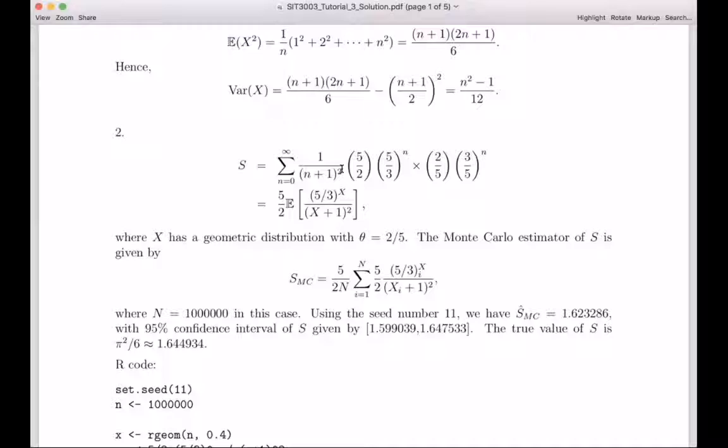Now you have to express that sum in terms of some kind of expectation, okay? So the trick here is you introduce the geometric density here. So these are the densities from the geometric distribution, right? So this is the density and you cancel them off. You introduce and you cancel them off.